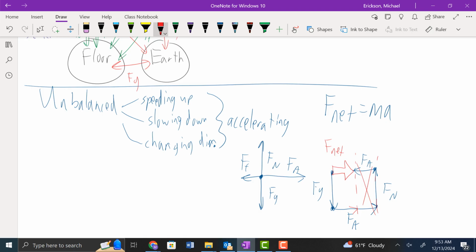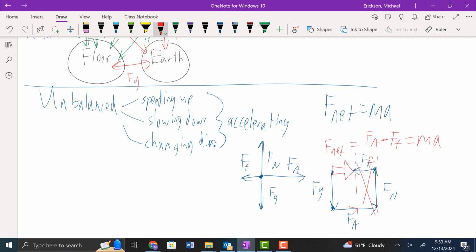Whatever's left over is my F net. And so FG and FN had canceled each other out, so this F net's just equal to FA minus force friction. It's also equal to ma. All right, so this is a good example of unbalance.